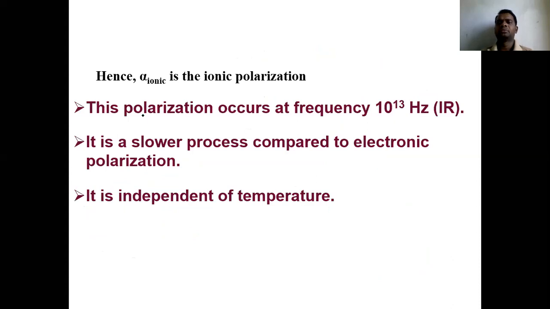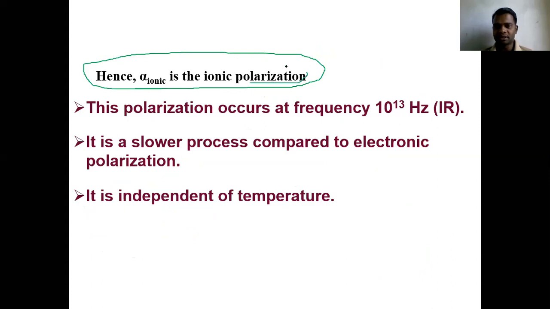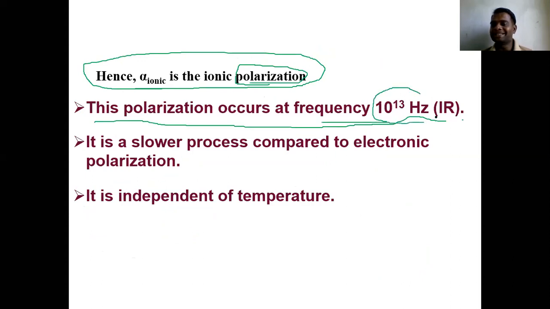Alpha is the ionic polarizability, not polarization, sorry, polarizability. The ionic polarization only occurs when the applied frequency is at 10 to the power of 13 hertz, in the range of ion.